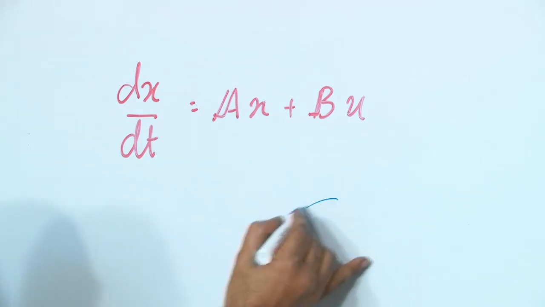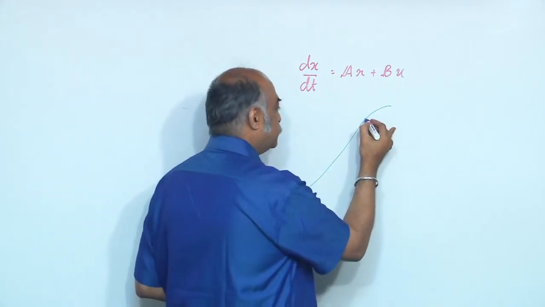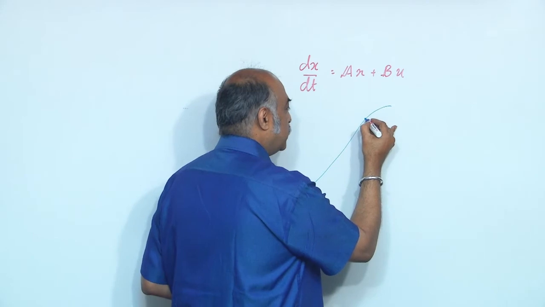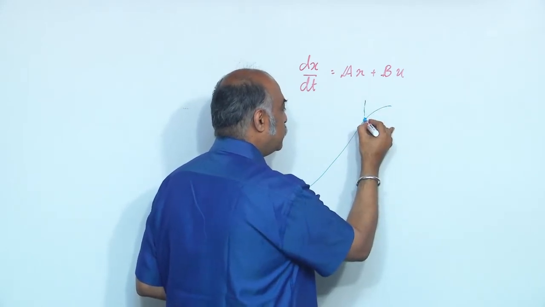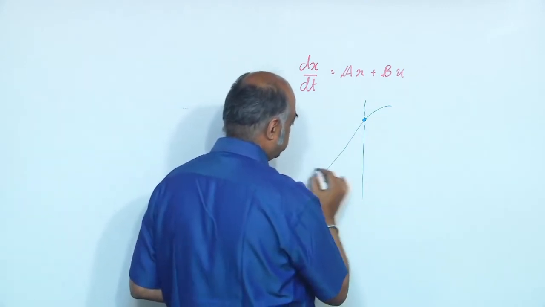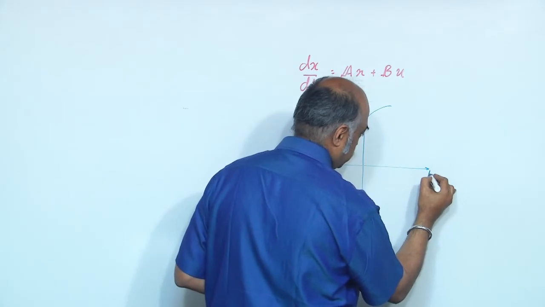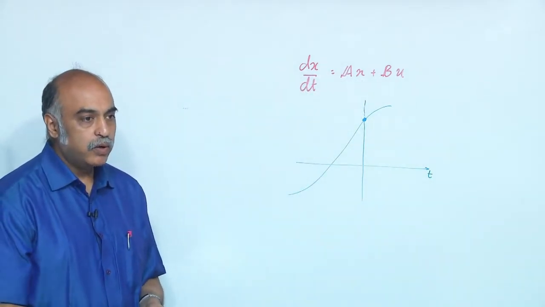So, you have something like that, and then let us say I want to find the slope at this point in time t, this is t. How would you go about doing it?